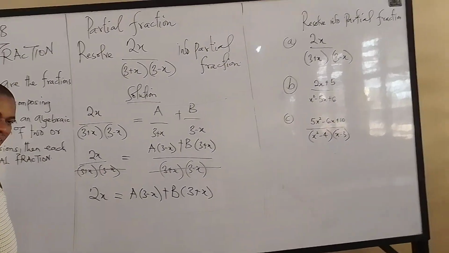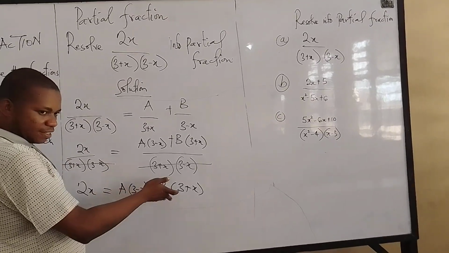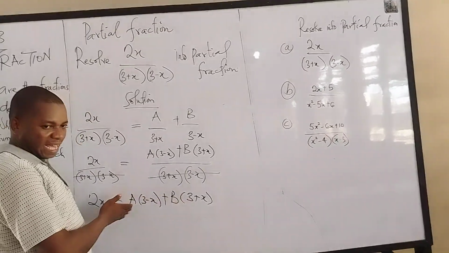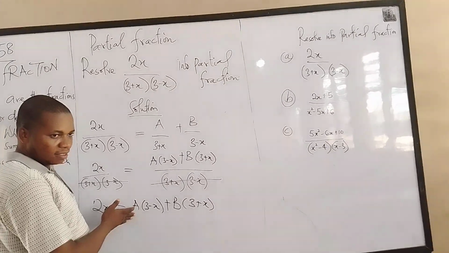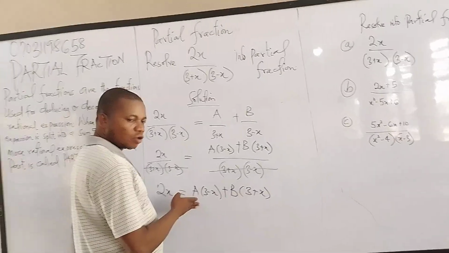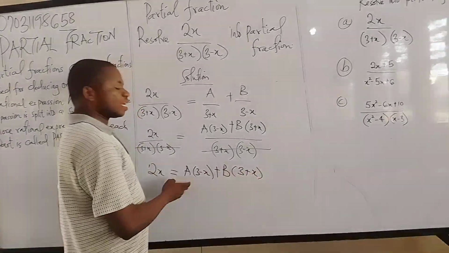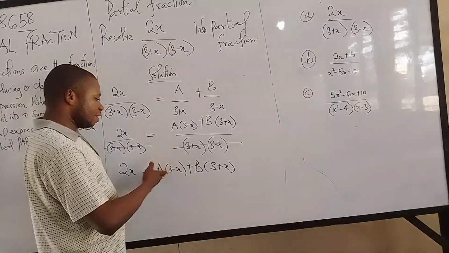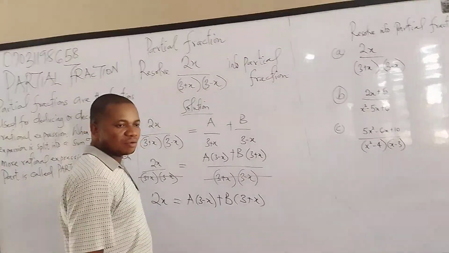We want to eliminate a in order to get b, after which you come back and eliminate b in order to get a. So our target now is to eliminate a. Okay, let's even eliminate b in order to get a. When we are done with that, we now eliminate a in order to get b. Are you with me?